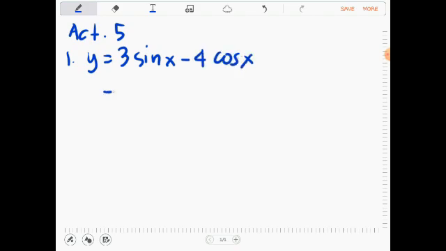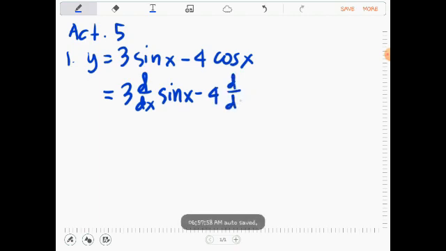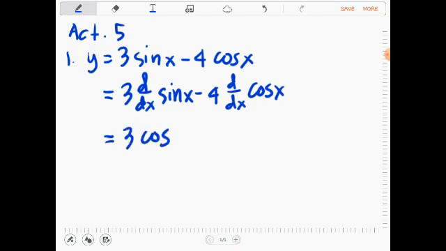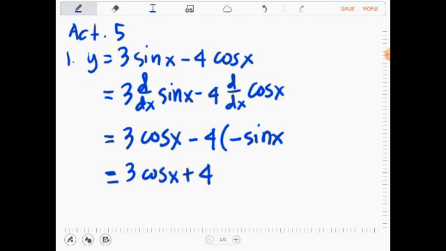So, therefore, this should be equals to 3 times the derivative of sine of x, minus 4 times the derivative of cosine of x with respect to x. And that would be equals to 3 cosine of x minus 4 times negative sine of x. Okay? And this should be equals to 3 cosine of x plus 4 sine of x.